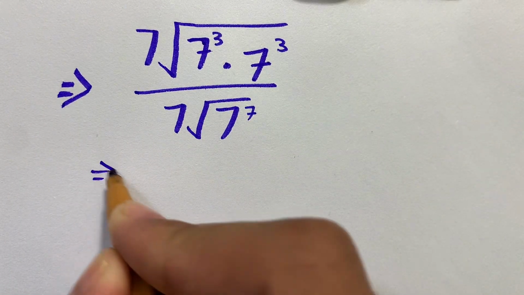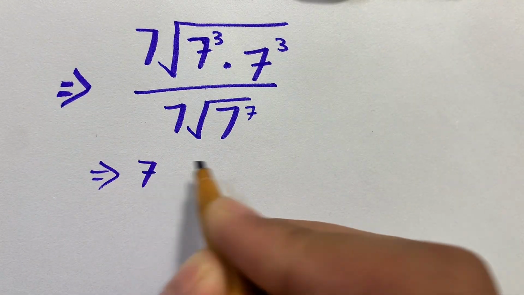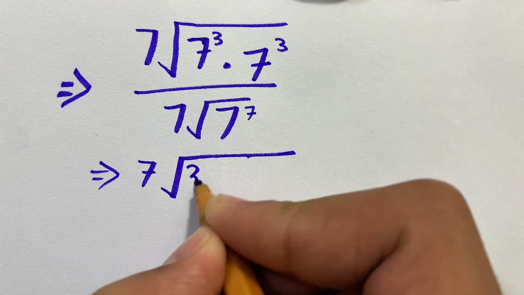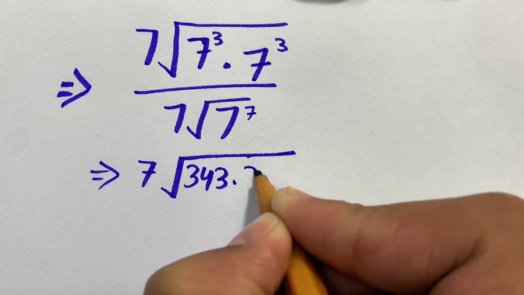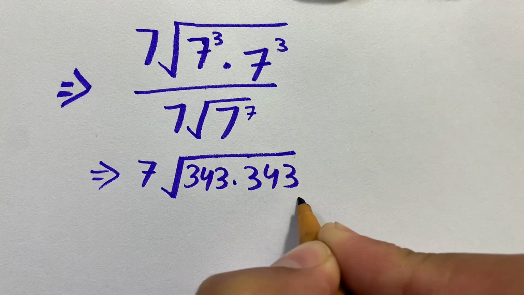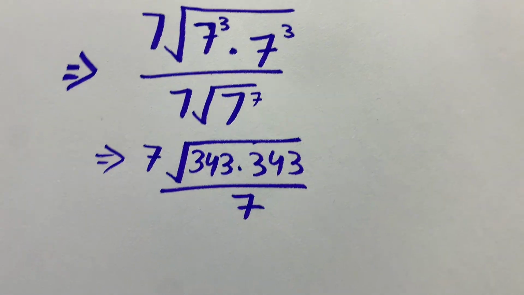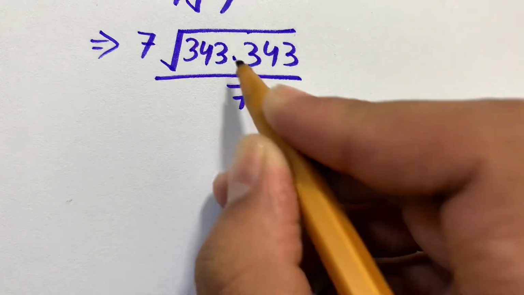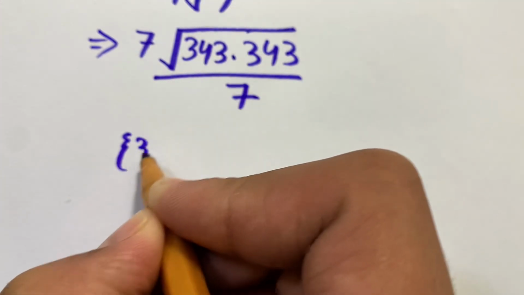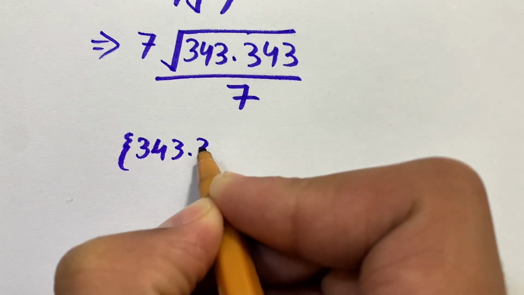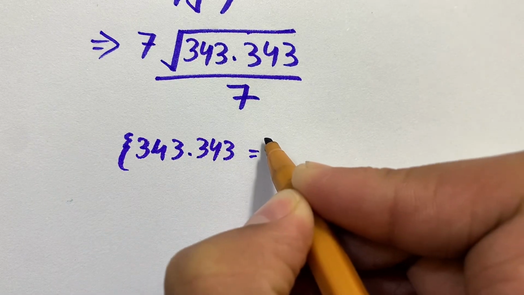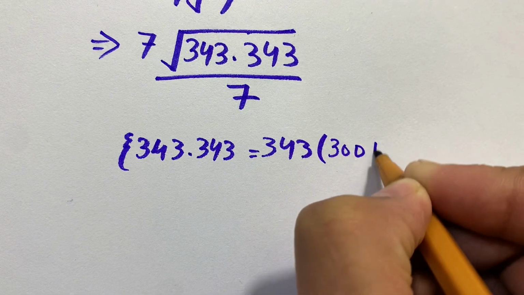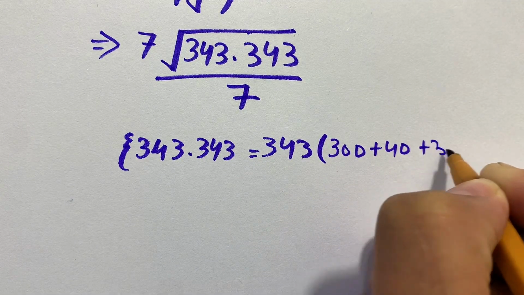After this, this 7 and root 7 cube is equal to 343 into 343 divided by 7. This 343 multiplied by 343 is equal to 343 multiplied by 300 plus 40 plus 3.